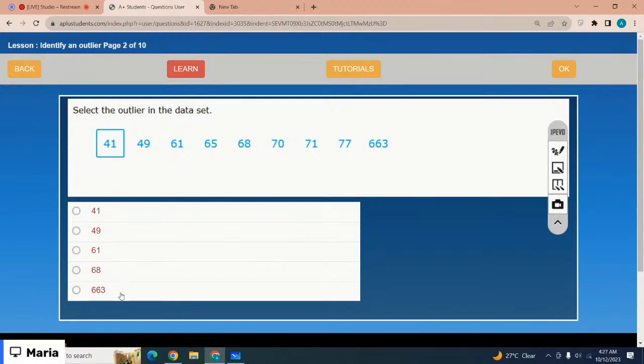Very good. That would be 663, right? The correct option is 663.